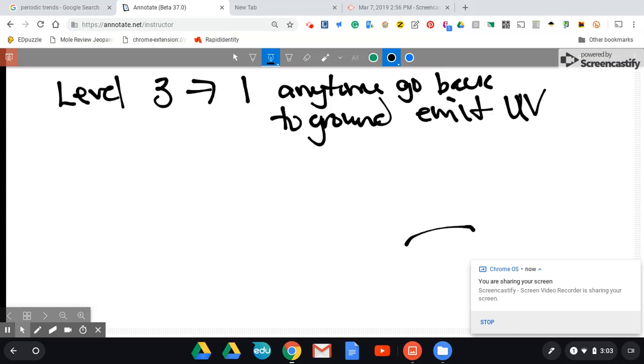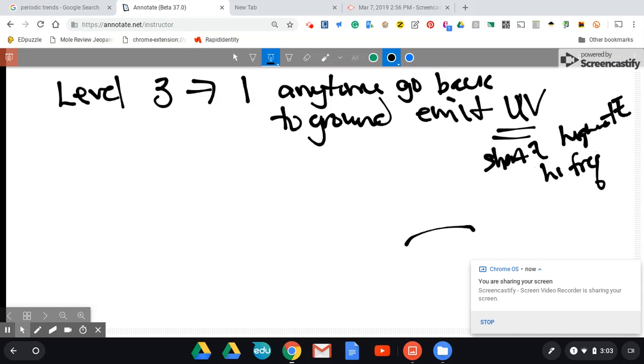It doesn't matter if I'm 3 to 1, 4 to 1, 5 to 1, 6 to 1. If I go to 1, I'm going to give off UV. This has the shortest wavelength, the highest energy, so therefore it has a high frequency.